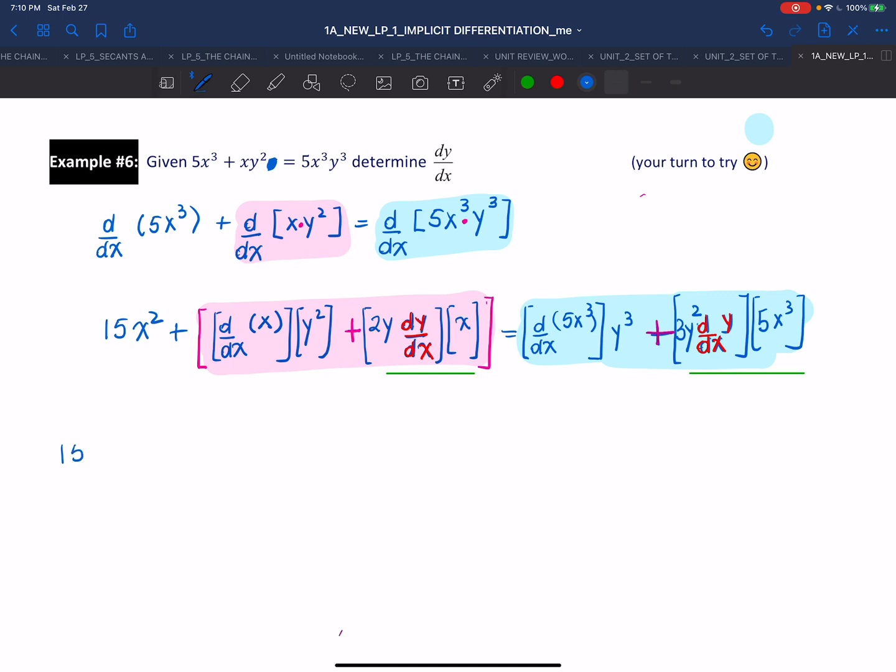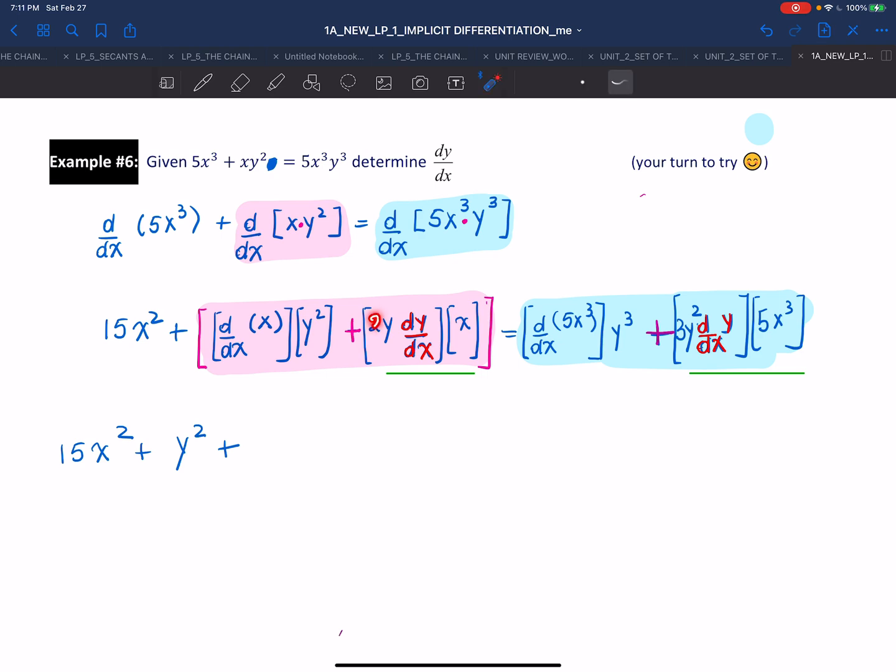So we have 15x to the power of 2 plus, now the derivative of x in terms of x is 1. So this is 1 multiplying y squared. So that's just y squared. Plus, we have 2y dy dx times x.